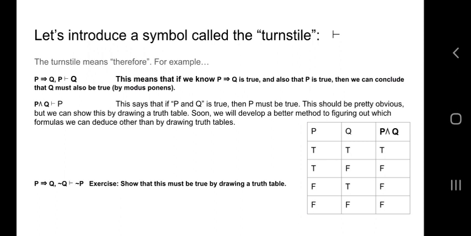You'll have a column for P, a column for Q, a column for not P, a column for not Q, and a column for P implies Q. I want you to draw that truth table and look at the P implies Q column and the not Q column. Which rows are they both true? For those rows where they're both true, look at the not P column and see that it's true. So just as we did twice just now, go ahead and take some time to do this exercise.